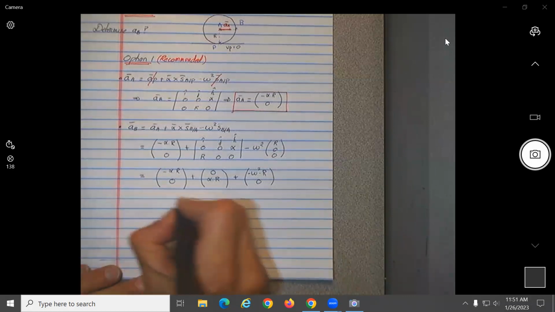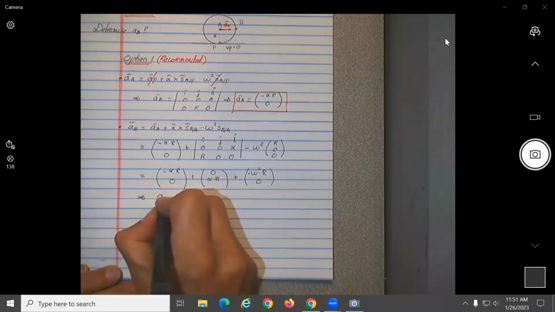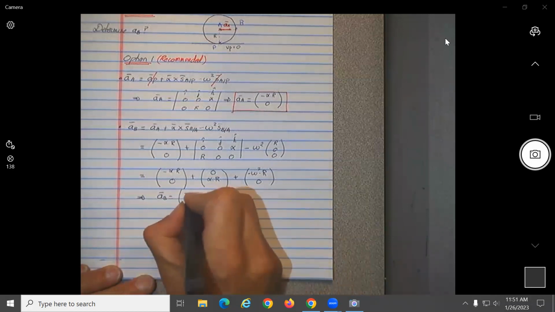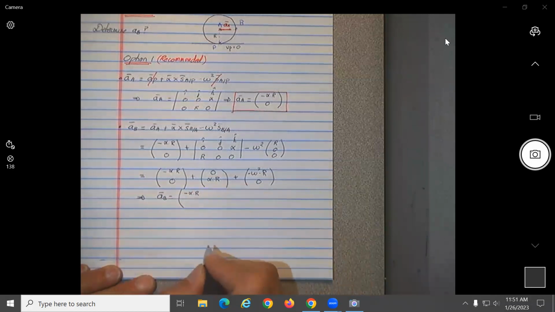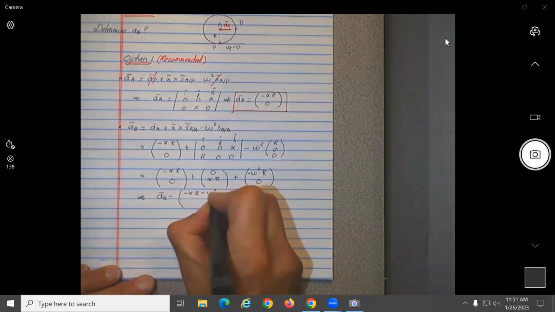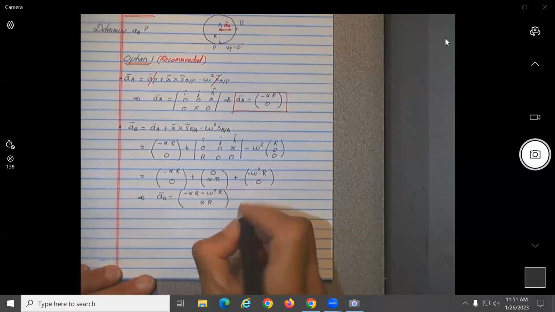So basically that's going to give, at the end, that the acceleration of B will be equal to negative alpha R minus omega squared R, alpha R.